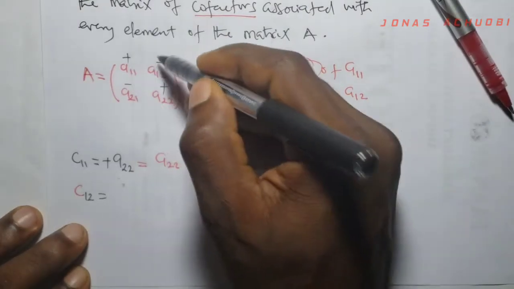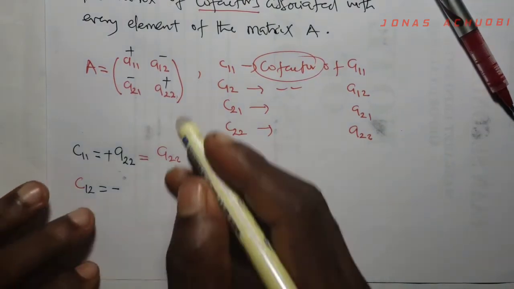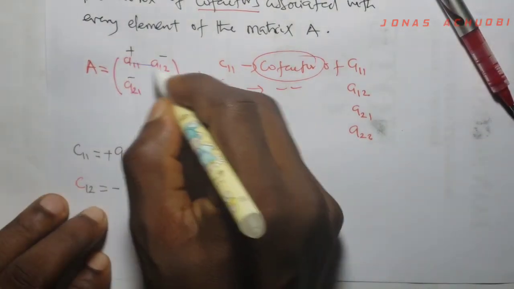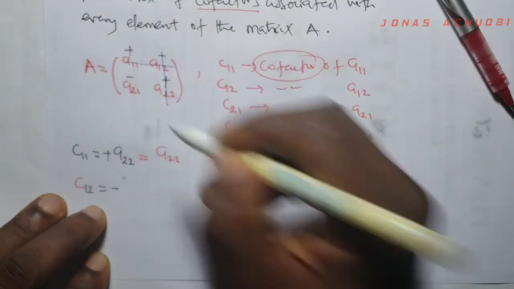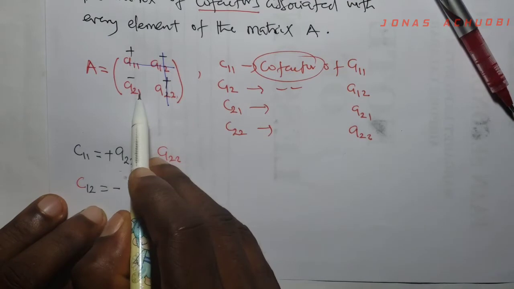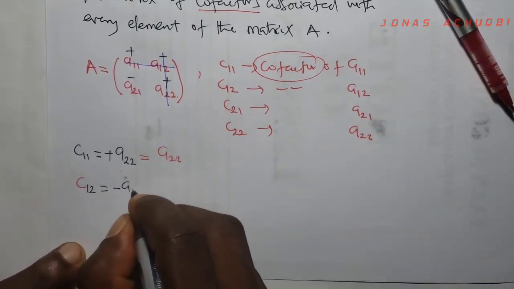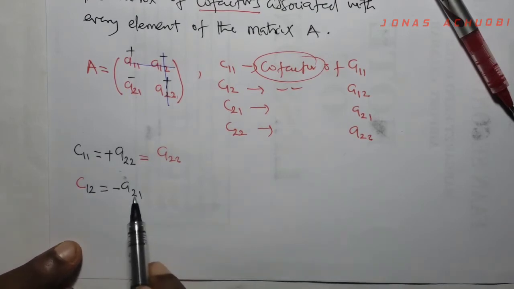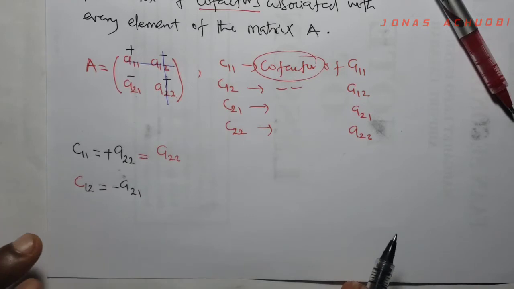What sign is here? Minus. And then you take the minor of A12. Delete all the entries in the row of A12, which is row 1, and all the entries in the column of A12. What do you have left? A21. So minus A21 becomes the cofactor of the entry A12.